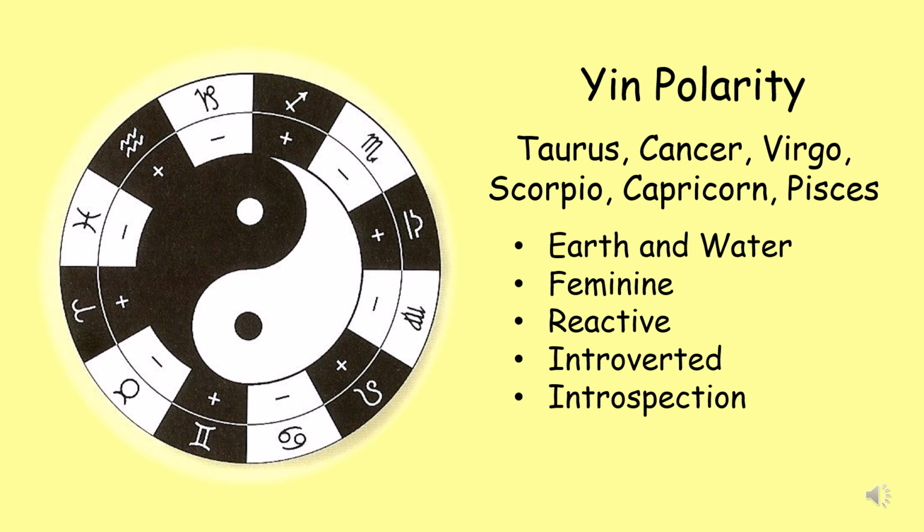The second astrological polarity is the Yin polarity, and this polarity includes the earth and water signs, which are Taurus, Cancer, Virgo, Scorpio, Capricorn, and Pisces. These are considered to be the feminine signs.